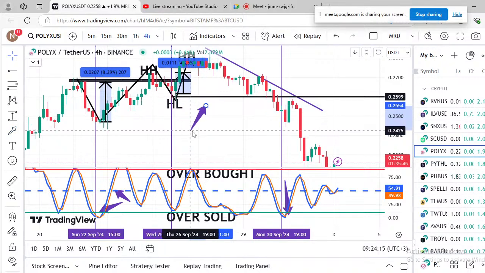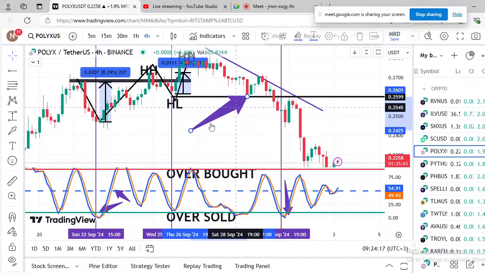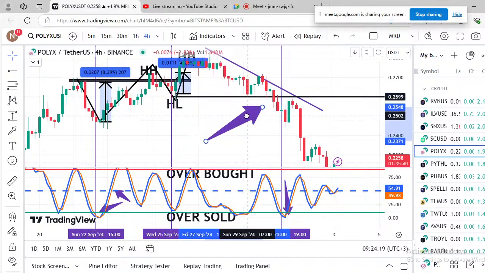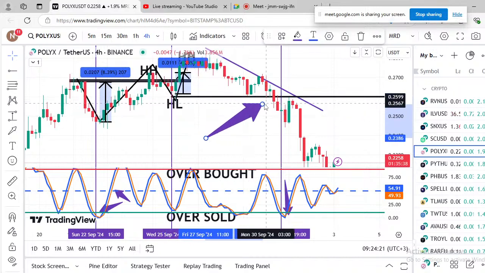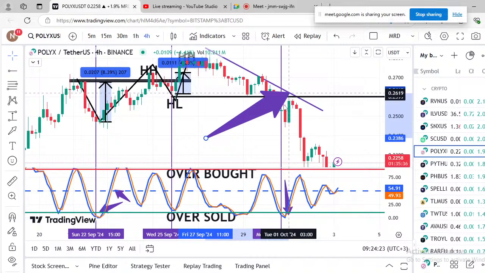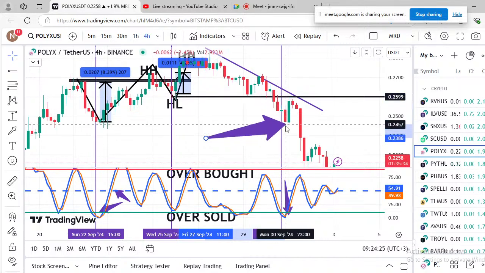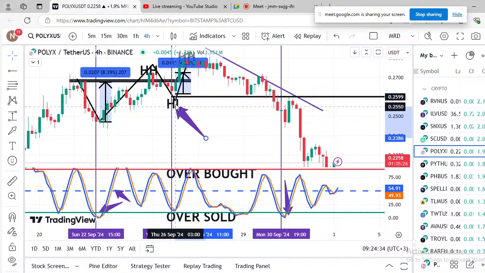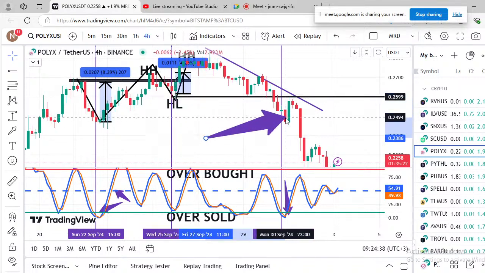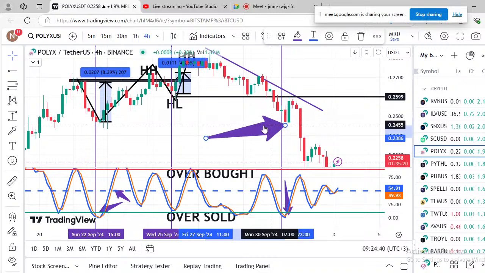It was our support. So when you see the market breaking it at this point, when you see the market breaking it here, market was forming a new lower low here at this point. It was a first low after breaking this one. After breaking higher low, market was forming a new lower low.